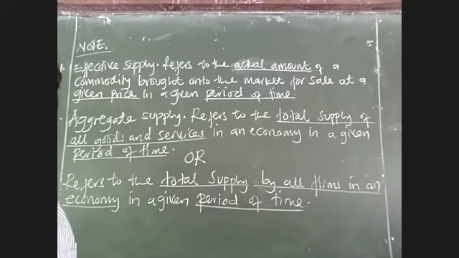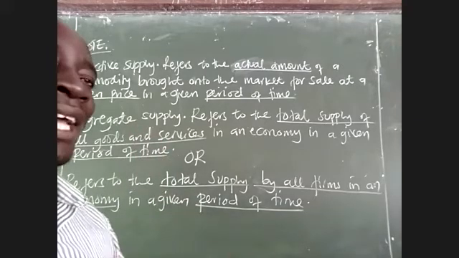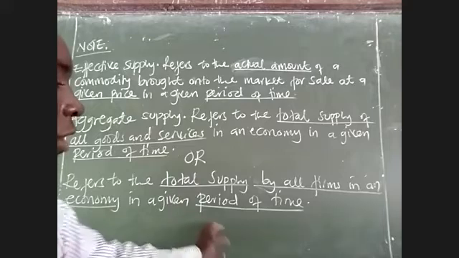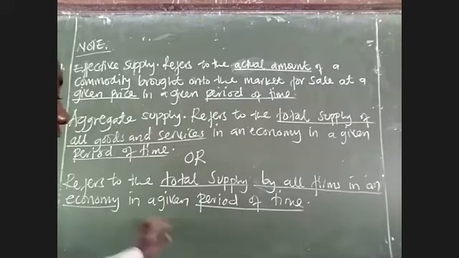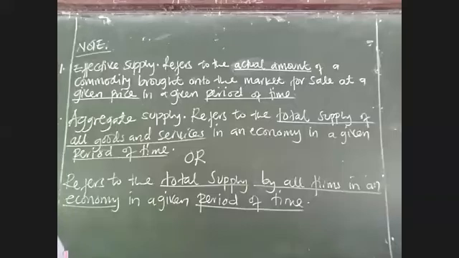So we are not talking about things that are maybe produced and left in store. For example, if we have to find out effective supply, we literally go to the market and find out which commodities are presented to the market for sale. The real amount of the commodity. Are they 50 kilograms? Yes. Are they 30? We even verify whether they are 30 kilograms of that commodity.